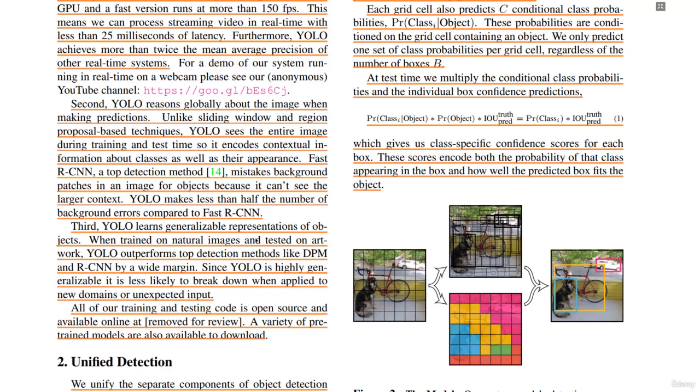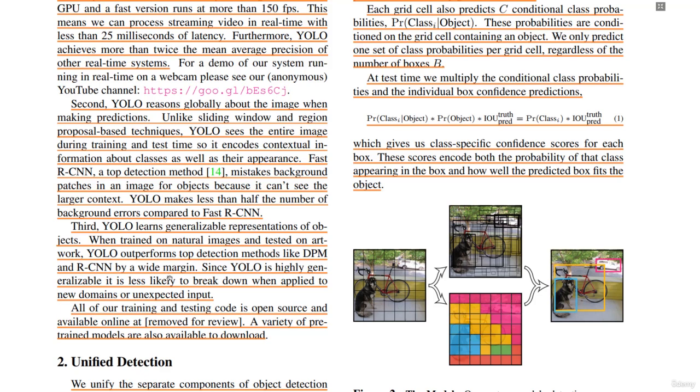When trained on natural images and tested on artwork, YOLO outperforms top detection models like the DPM and RCNNs. So while these RCNNs are sometimes achieving a higher MAP, that's mean average precision, we notice that these systems actually overfit, as when we switch now to these artwork datasets, YOLO outperforms all of them.